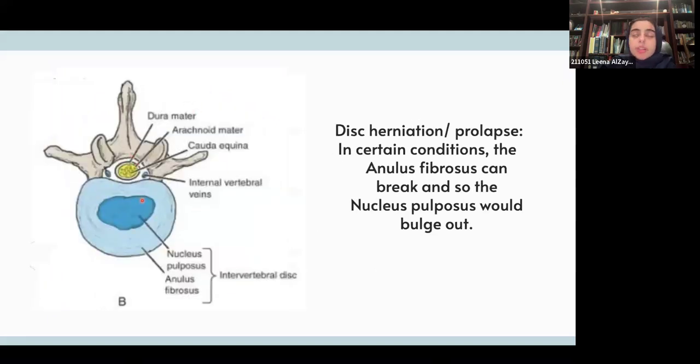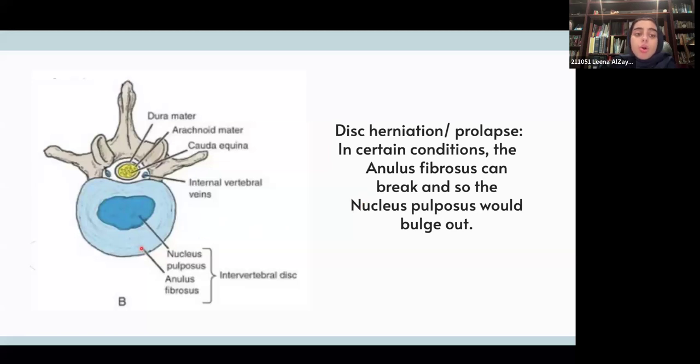We have the bone, and you have the intervertebral disc to make you flexible, moving forward, backward, right, and left. It has two parts: the nucleus pulposus and the annulus fibrosus.